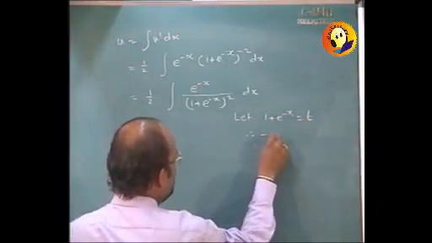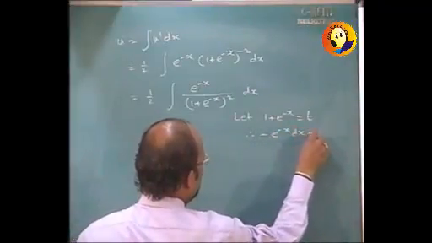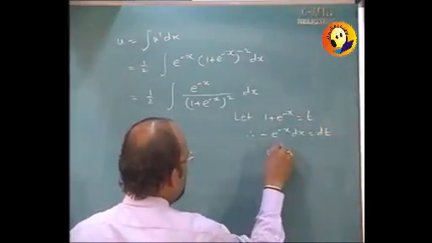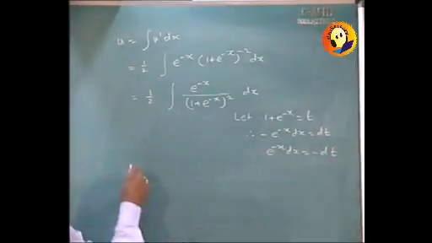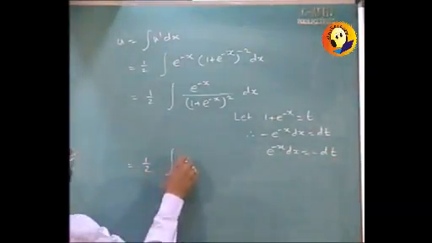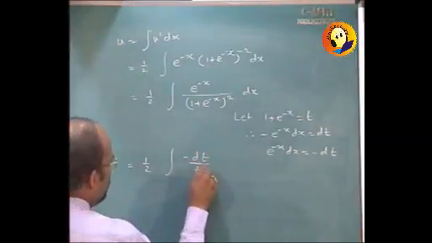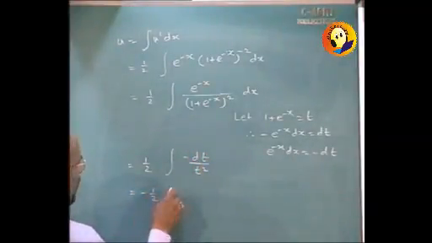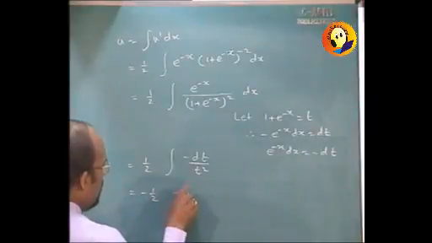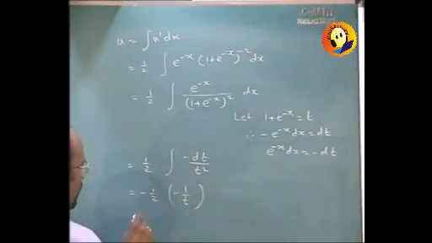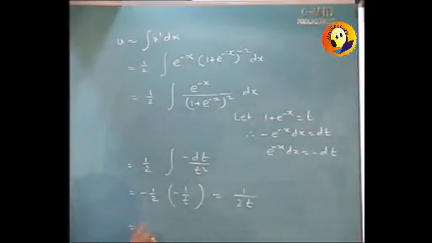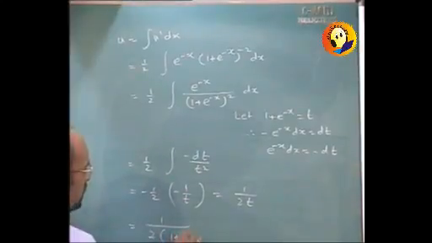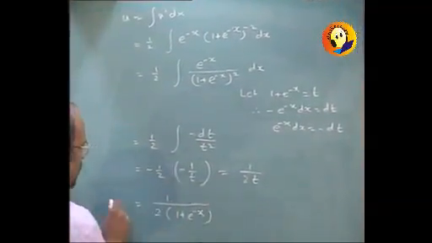Therefore, minus e raised to minus x dx is equal to dt, or e raised to minus x dx is equal to minus dt. This will result in half integral minus dt upon t square. So minus half integration of 1 upon t square is minus 1 upon t. So ultimately it is 1 upon 2t, and t can be resubstituted. The answer comes out to be 1 upon 2 into (1 plus e raised to minus x), the value of u.